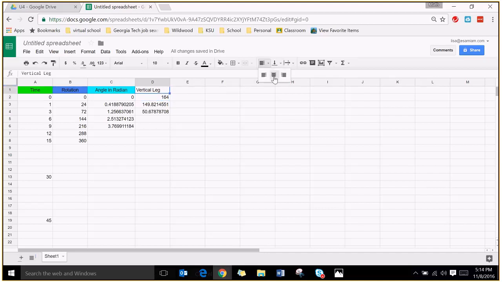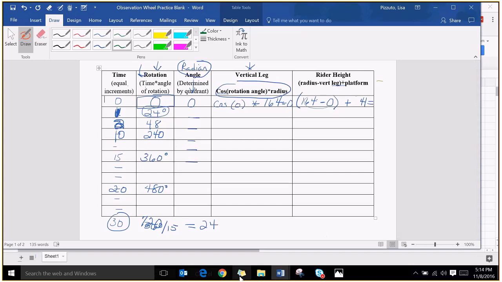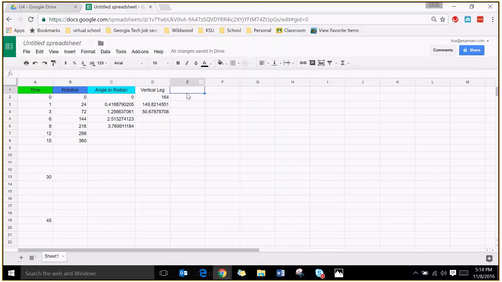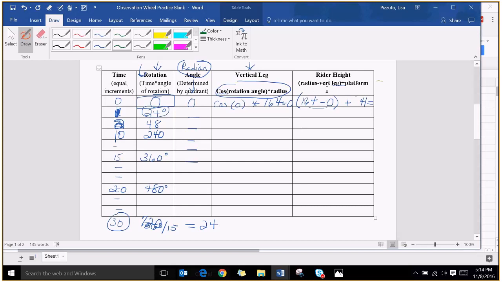After the vertical leg, the last column is giving you the height of the rider. This tells you how high the rider is. So this is your rider height. The formula for your rider height is the radius minus the vertical leg plus the platform.